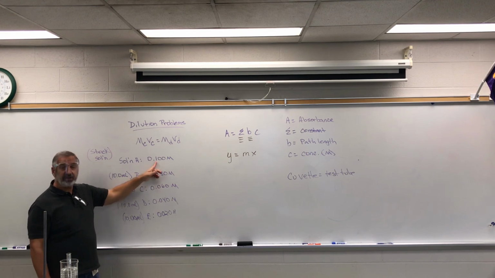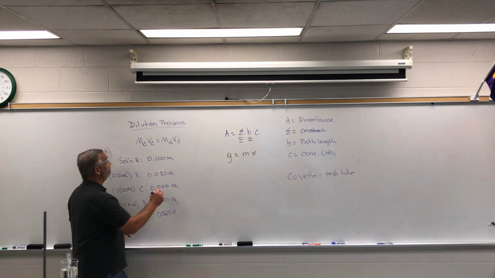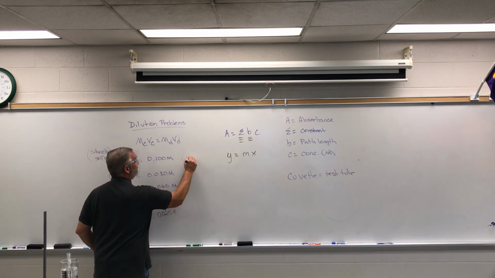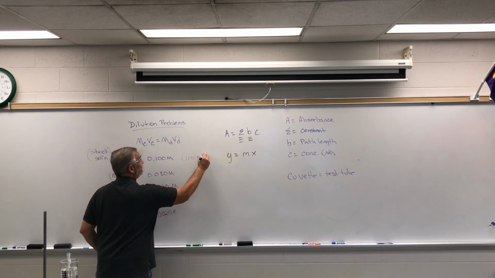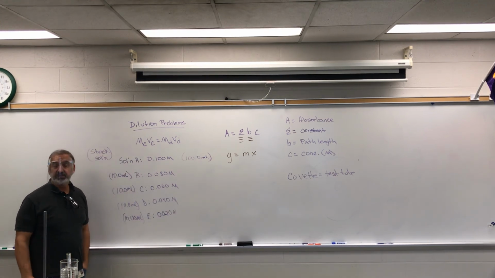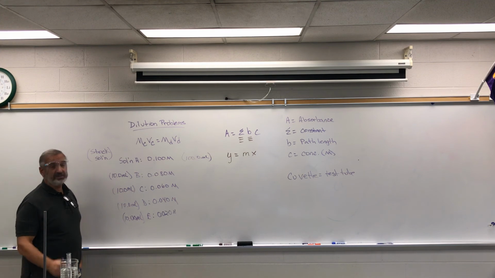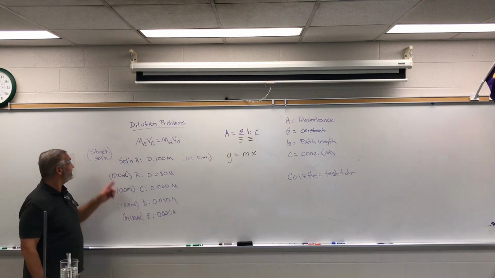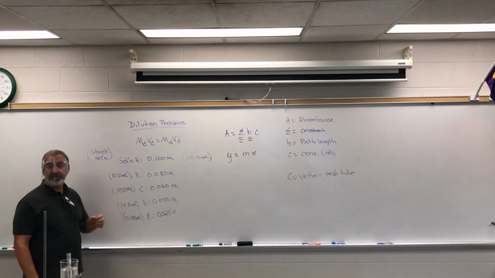Number one, you've got to figure out how many grams am I going to need to make this. You're going to make 100 milliliters of this. Okay? So you need to figure out how many grams of copper sulfate, and it's listed in there, and how many grams of cobalt sulfate you are going to need to add to your 100 milliliter volumetric flask. And you can weigh that directly into it.